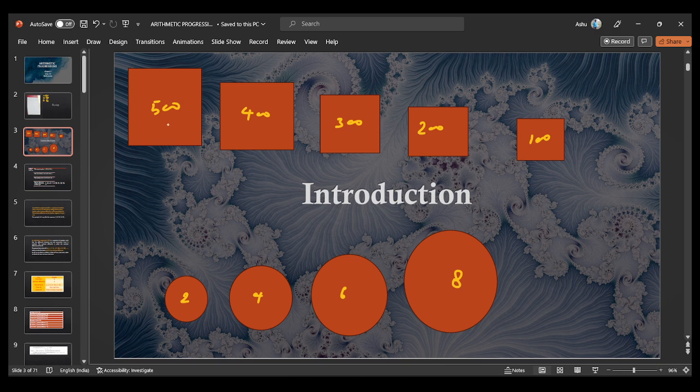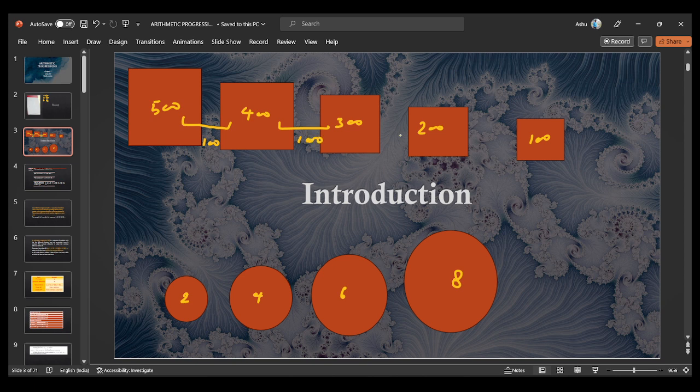Here, the area of the square is decreasing, but with a definite number, a certain common difference. Here, the difference between two is 100. These two 100.